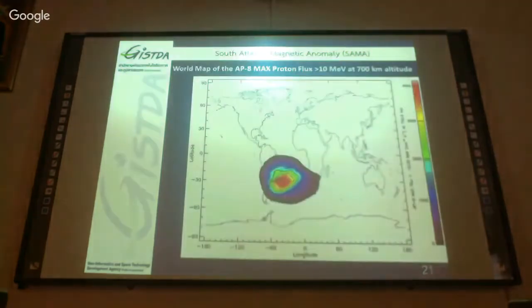This is the simulation of the South Atlantic. When our satellite flies past this area, it may destroy our electronic devices, like the solar cell, or cause SEL or SEU, single event latchup or single event upset.